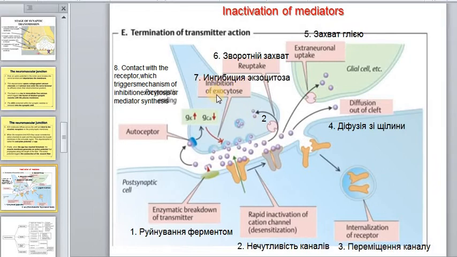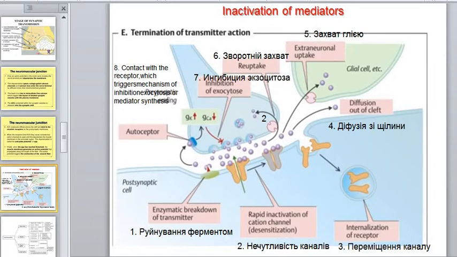Then inhibition of exocytosis, and one more, the autoreceptor. We have a special part which contacts the neurotransmitter, and this process inhibits the synthesis of neurotransmitter. So we have a lot of ways to inactivate neurotransmitter molecules.